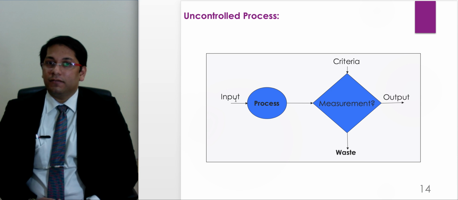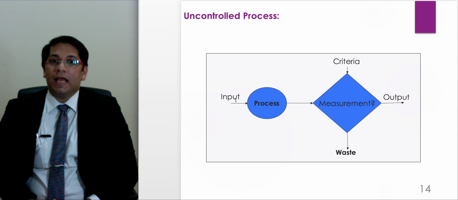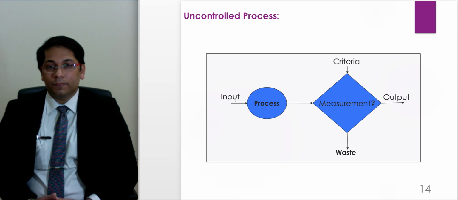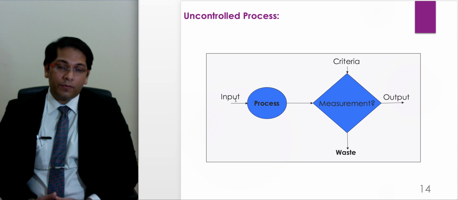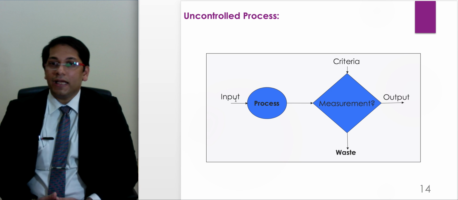You see this here. Let's forget about the uncontrolled process for now. You have something called output. Output is your finished product or service which is consumed by the customer. I want to improve the output, but how am I going to improve the output? Can you do anything on the output?